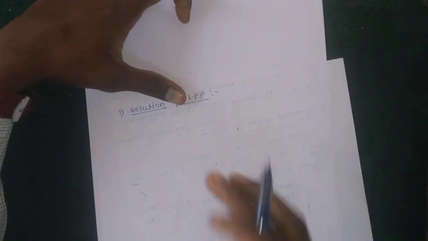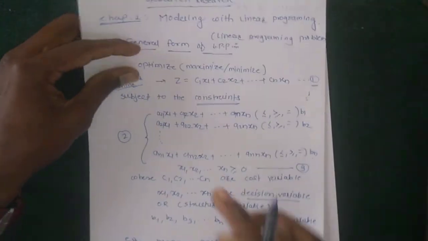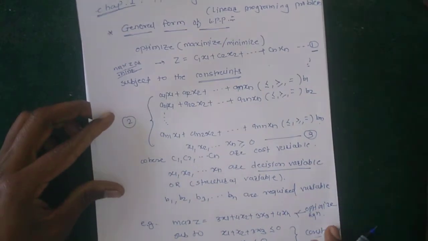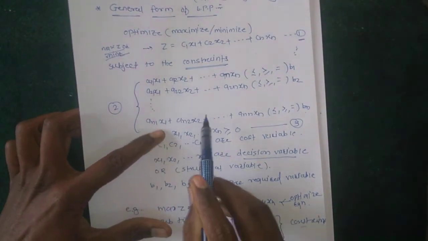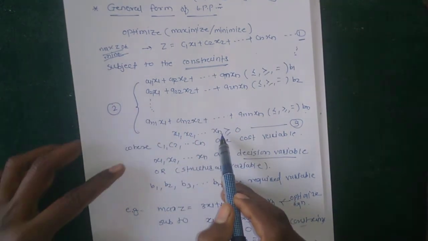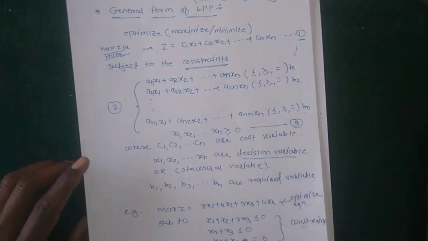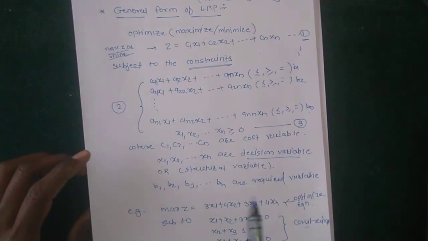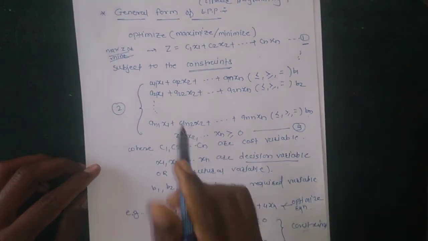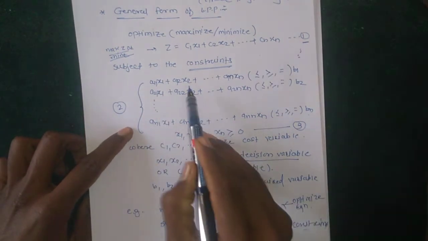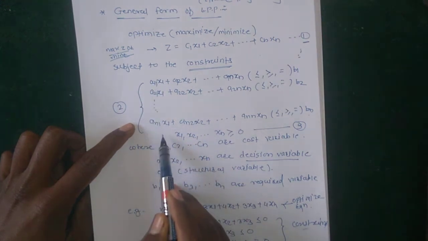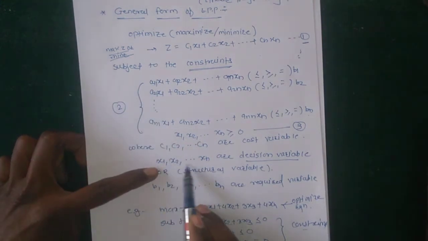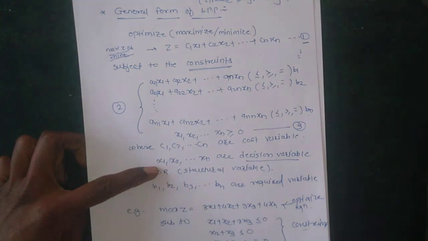The set of variables x1, x2 up to xn is called a solution of LPP if it satisfies all the constraints. If x1, x2, x3 up to xn satisfy all these constraints, then they are called a solution of LPP.